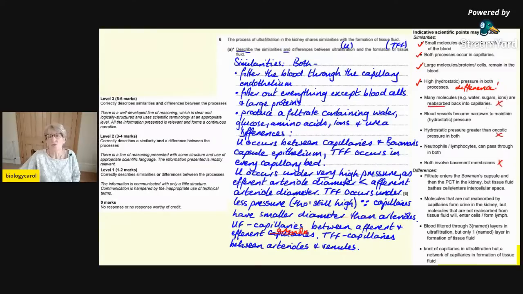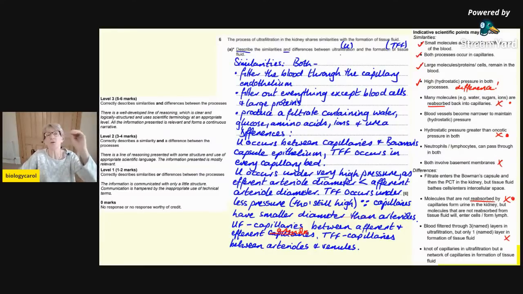I would not have considered including this one, or this one, or this one, neither any of these dotted ones, because to me this is talking about the whole process of tissue fluid balance, or what happens after ultrafiltration.